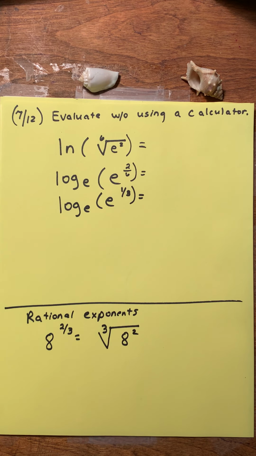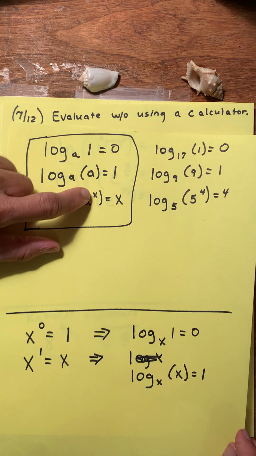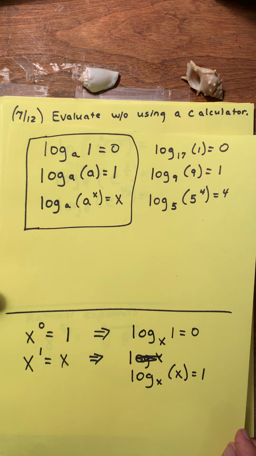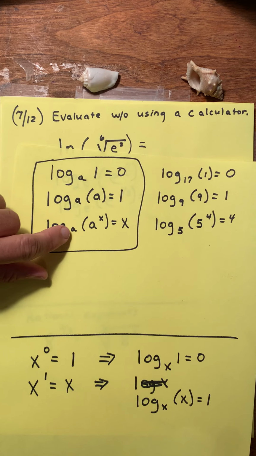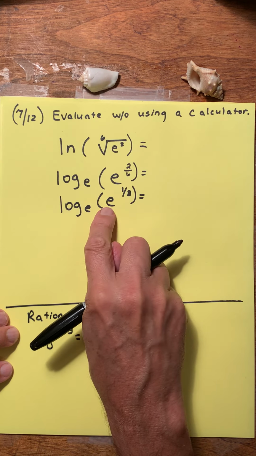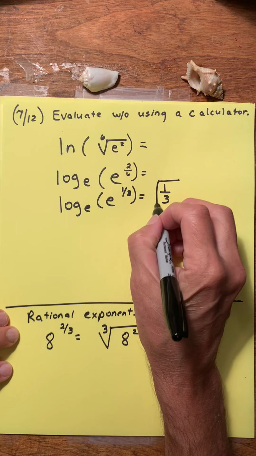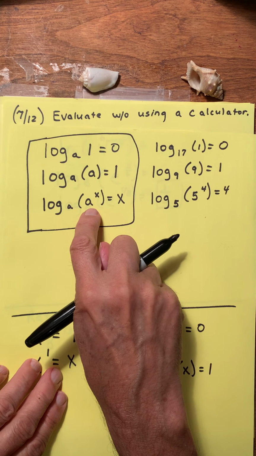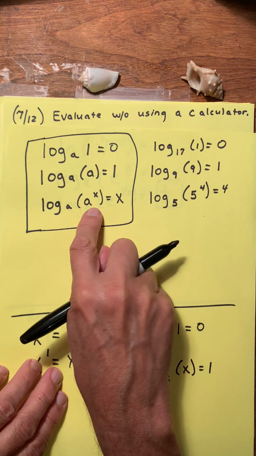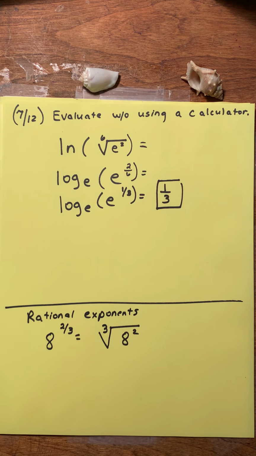Remember this third concept. Log base anything of anything to a power is that power. Log base e of e to a power is that power. Log base e of e to the 1/3, why, that's just 1/3. And that's your third property, or third familiar expression of logarithmic form.